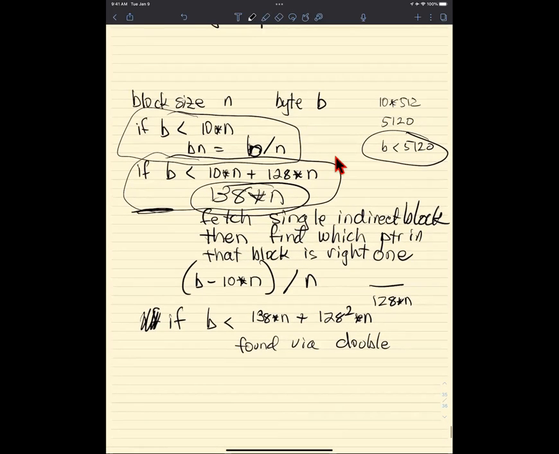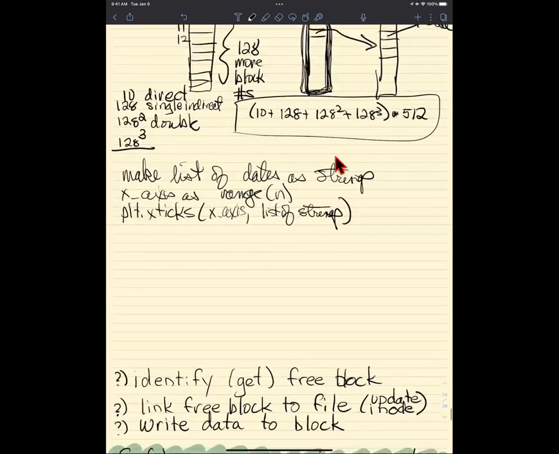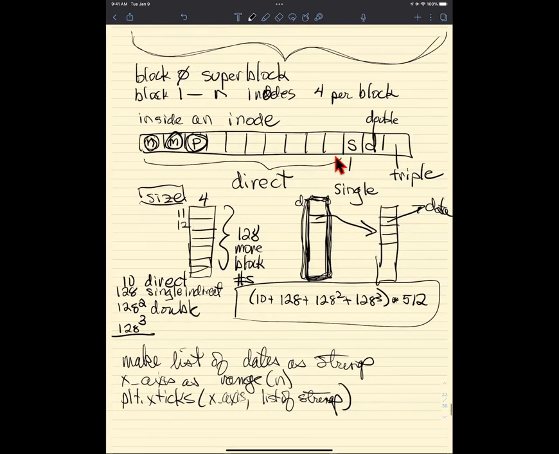Okay, and then so on for the triple indirect. Okay, take a look. So single, double, triple.